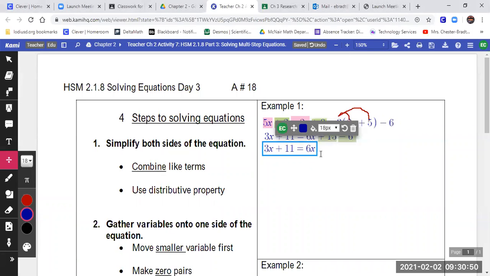Positive. Okay, and then 15 take away 6. Positive 9.